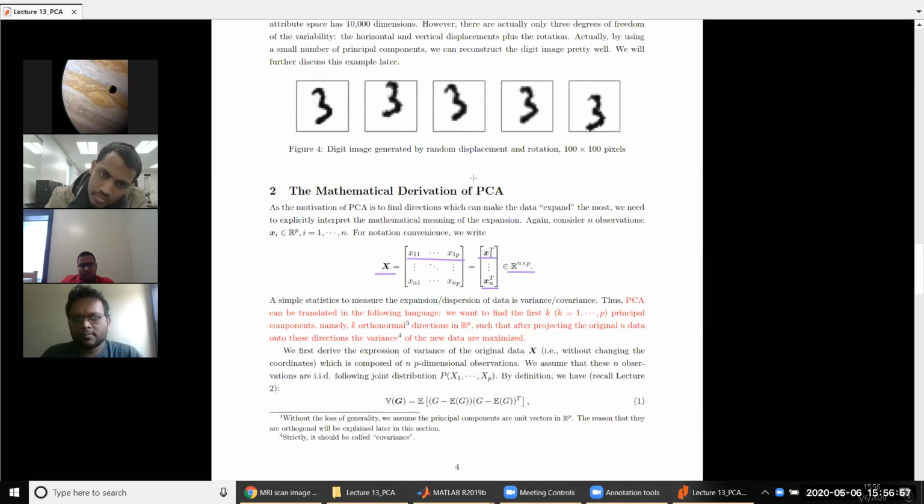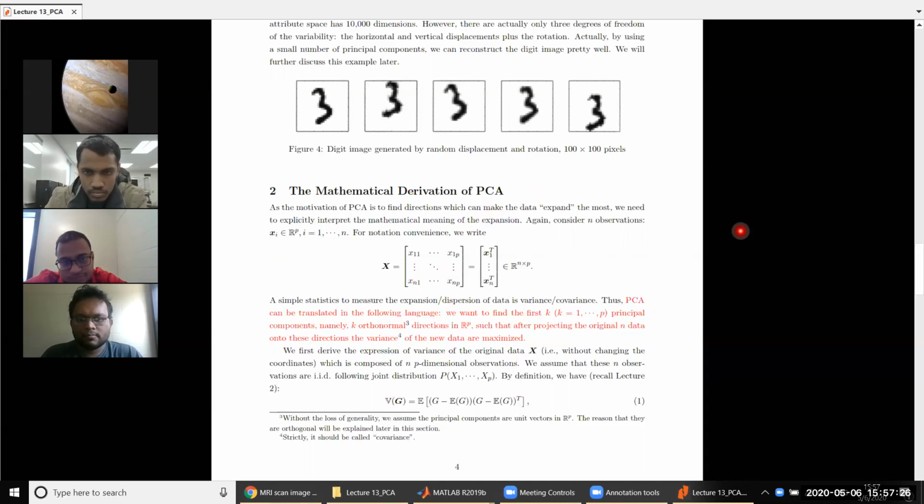Okay, now PCA is actually to find what? To find the direction, for example, the first principal component is to find the direction in this R^p space in which my data is going to expand the most. What does expand mean? In statistics, what is a common measure for expansion? Variance, right?